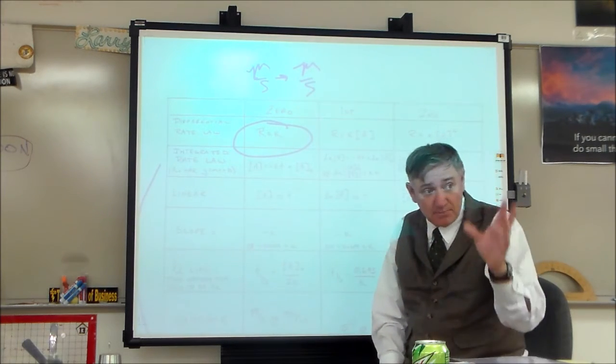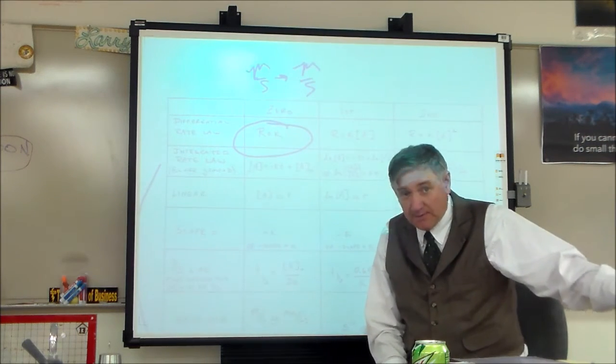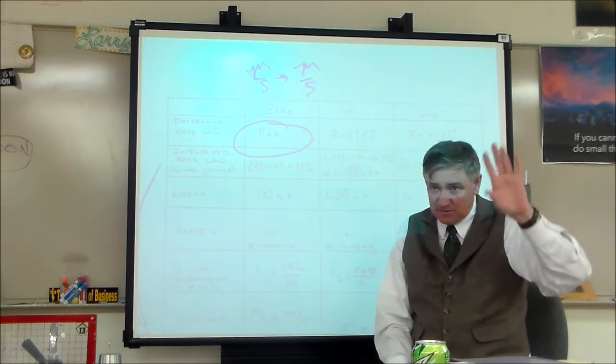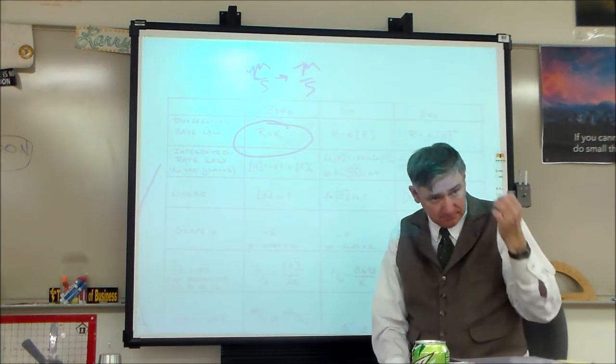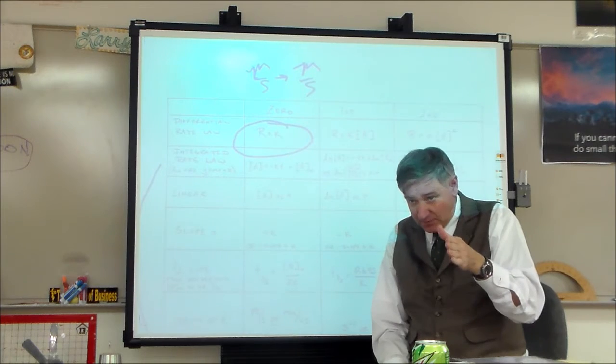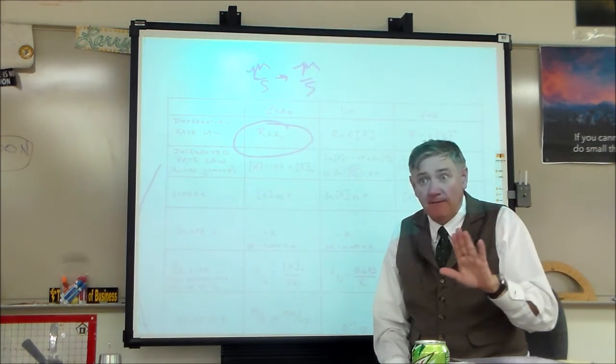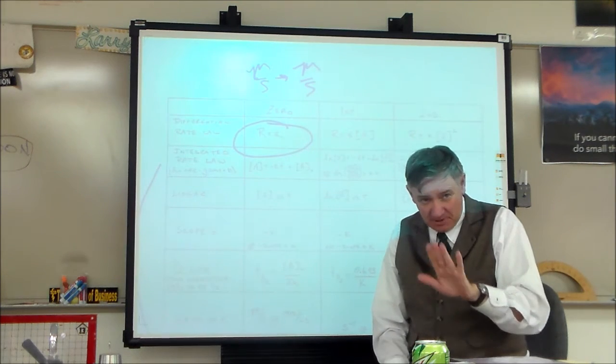So I can look at the slope of the graph, I can look at the rate law, I can look at the integrated rate law. Everything is going to lead me to the thought that on a zero order reaction, the units of lowercase k have to be molarity per second. Good with that one?